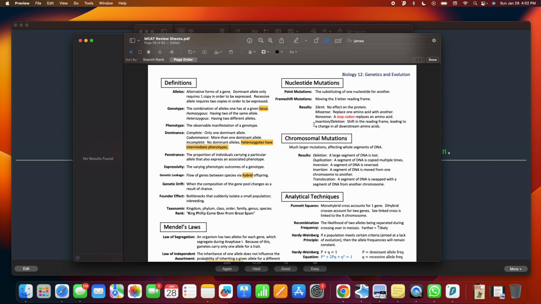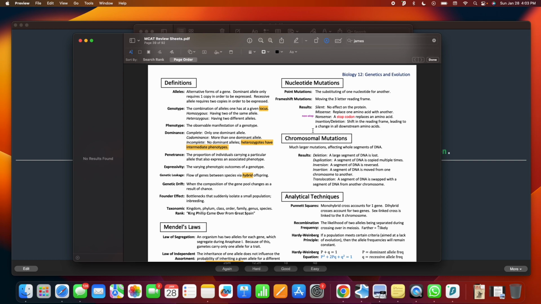And insertion, deletion, I'll just put non-stop for mnemonic sake. Then we have insertion and deletion, a shift in the reading frame, leading to a change in all downstream amino acids.